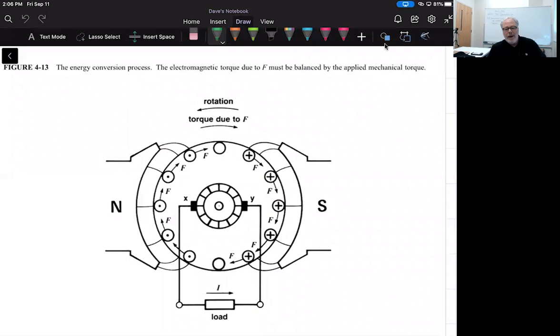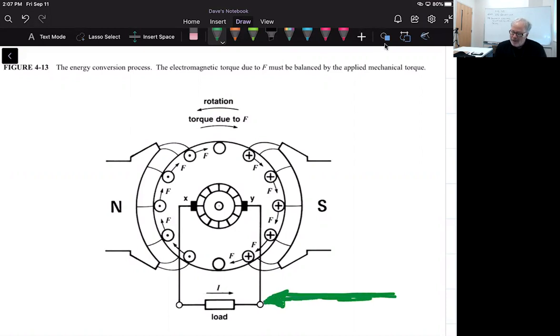Up to this point, we haven't actually done anything useful with this generator because we haven't connected anything to it. So finally, we're going to put this generator to work and connect a load to it. And that load is represented here by a resistance, some resistive load.